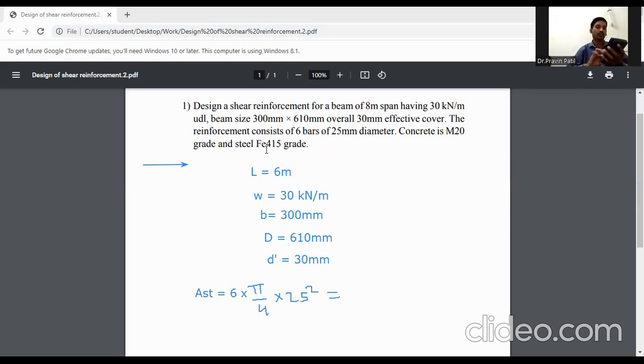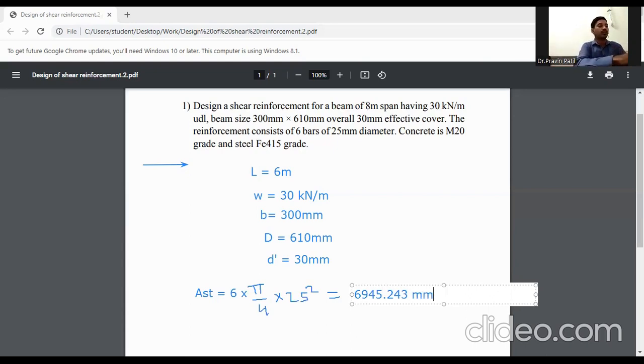6 into pi by 4 into 25 square, so this value will be 2945.243 mm square. Okay.